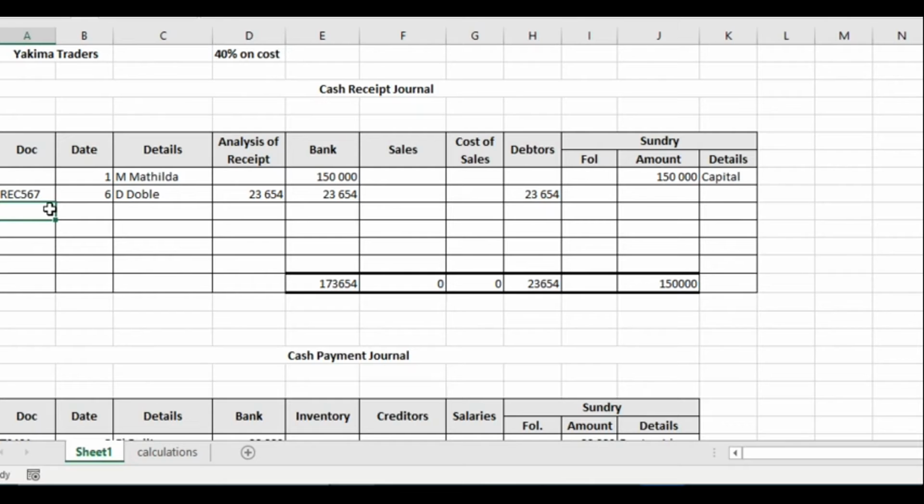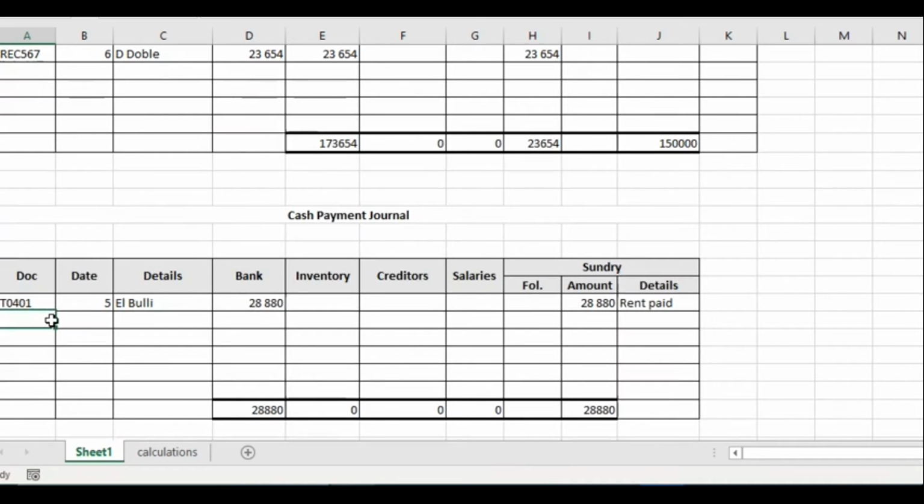We're getting this slowly. And then the second transaction we had on the 6th is we received an invoice from Alpha Enterprises for stationery 5,458. The invoice was paid by electronic transfer, reference T0402. So basically we bought stationery for cash.